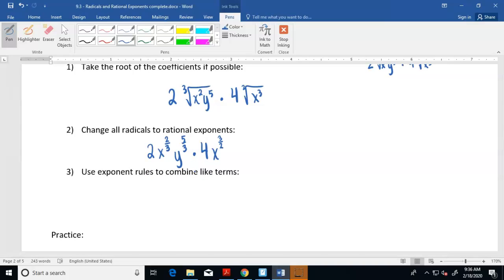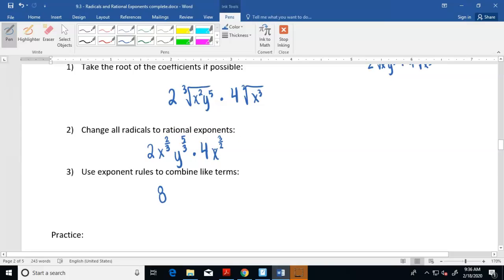All right. Now here comes what causes panic, but we can do it. We're not going to panic. We're going to stay calm. We're going to put these together. I need to put the x's together. The y is easy because it doesn't have anything to combine with. The coefficients, what do I do with the coefficients? Just multiply those. 2 times 4 is 8. Okay? And then right here, what do I do with my exponents for my x's?